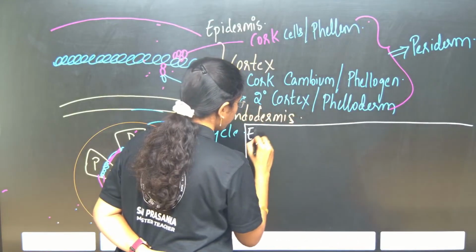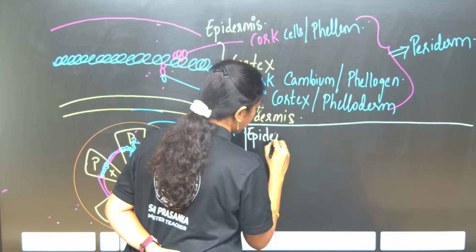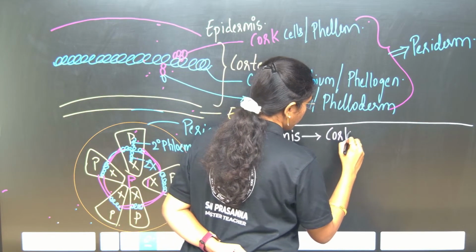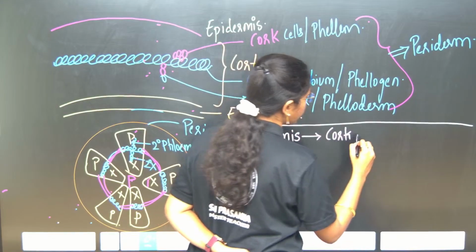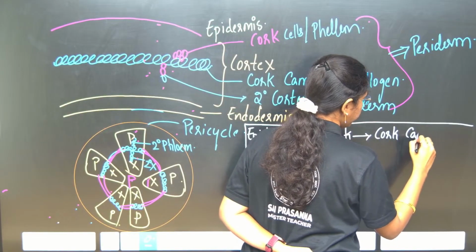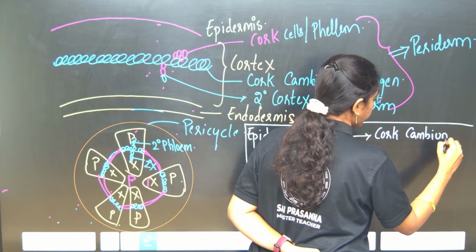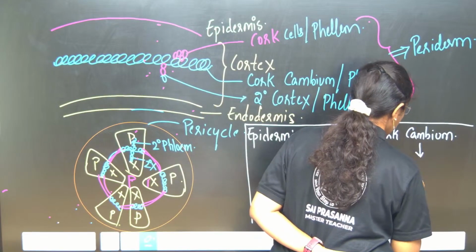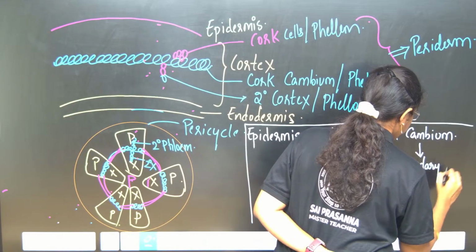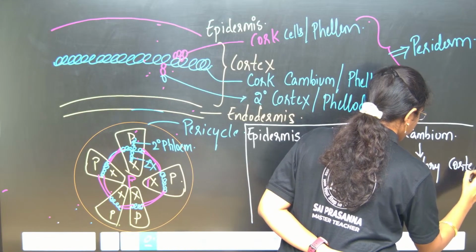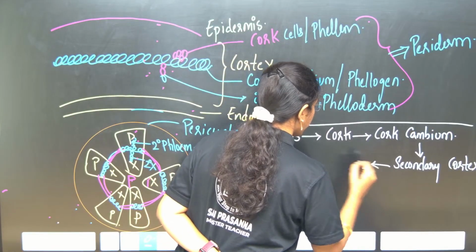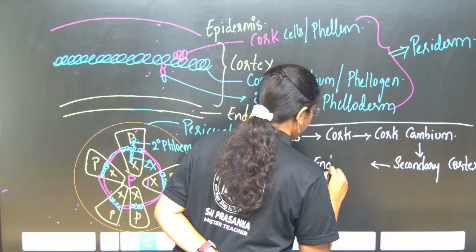It is from epidermis, followed by cork or phellem, followed by cork cambium, then secondary cortex, followed by endodermis.